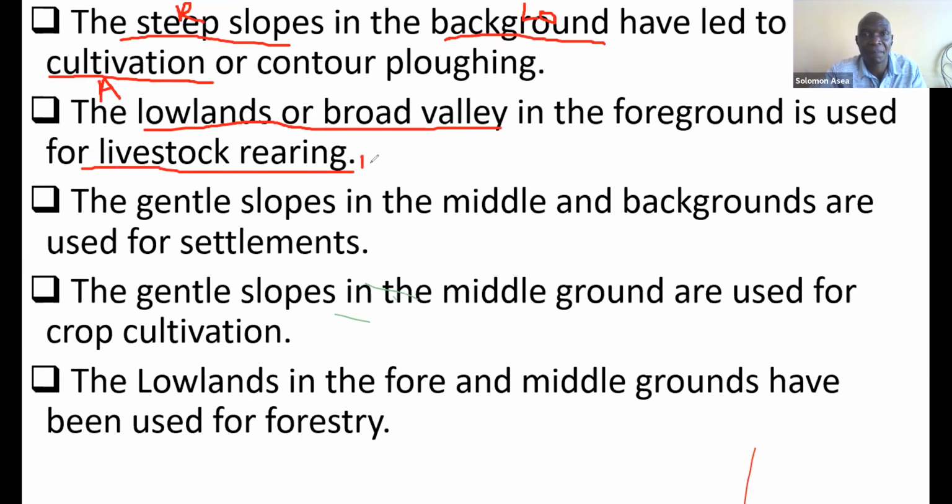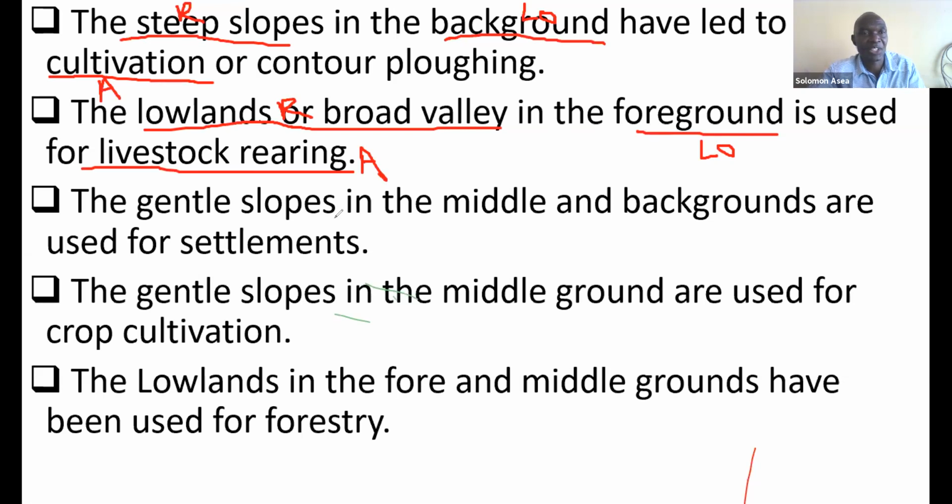So the activity is livestock rearing. The physical factor here is relief, and where we are locating it is the foreground. So ensure that you locate.